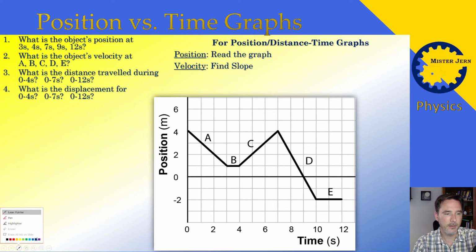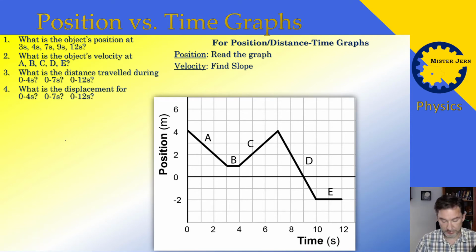So to start with, I'm going to remind myself and write down the equation for slope. This is something that, well, you probably have used many times now. It's change in y over change in x.